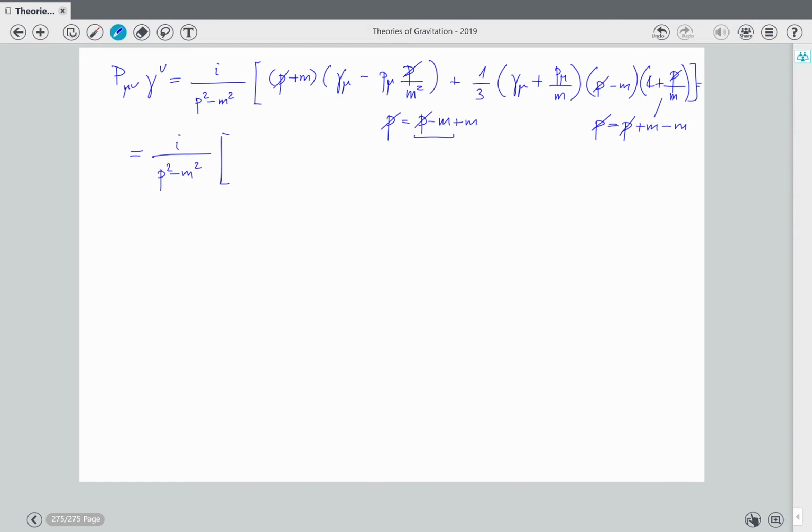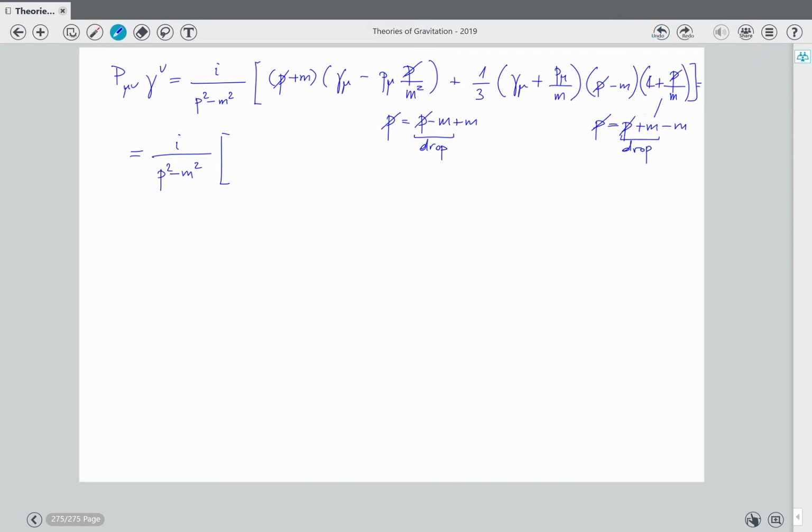Why? Because p slash minus m here will multiply p slash plus m and cancel the pole, so we can basically drop this. Here we can drop that, because p slash plus m will multiply p slash minus m, and that is equal to p squared minus m squared.